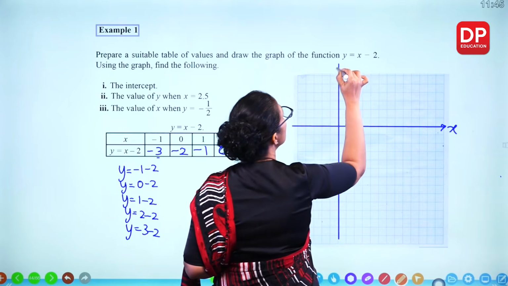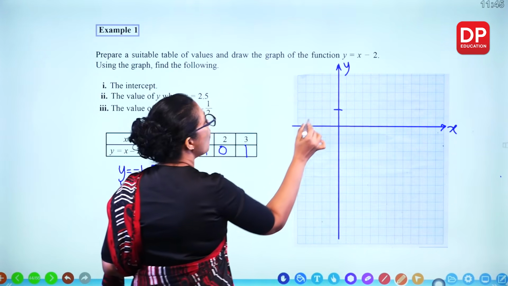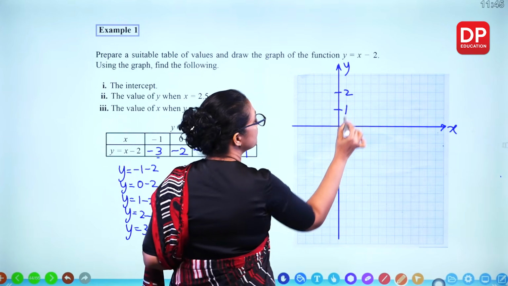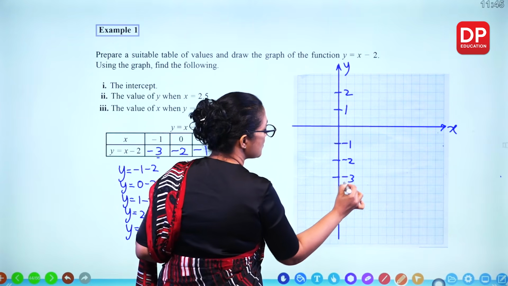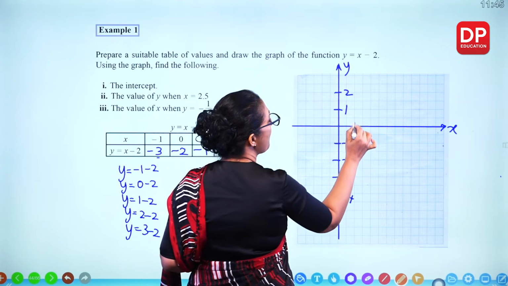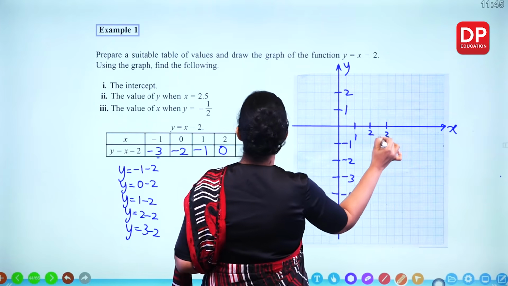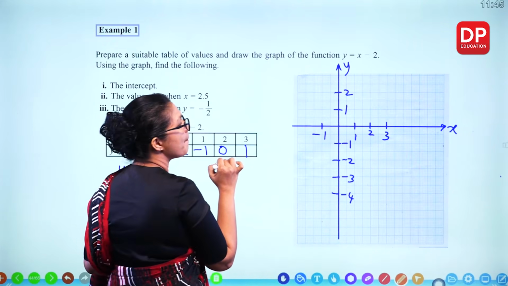X, y. I can put 2 squares, big squares 1. -1, -2, -3, -4. Here 1, 2, 3, and here -1.